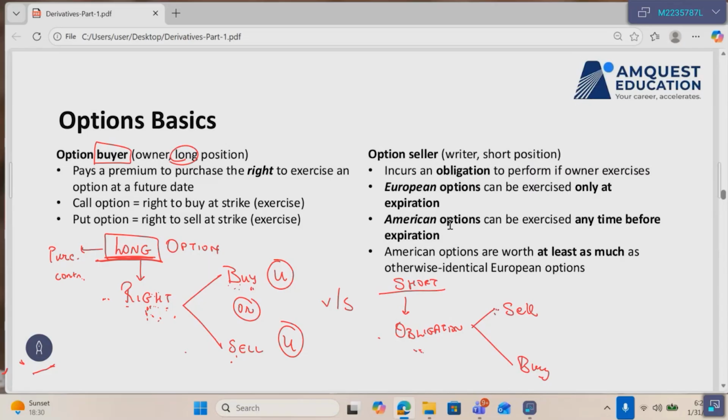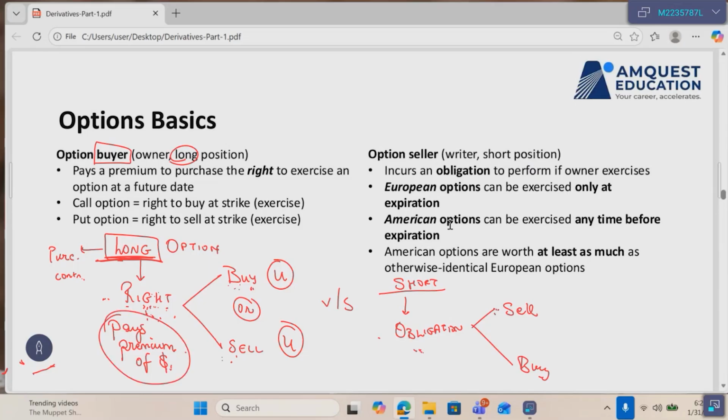Now you wonder, wow, so much power is with this guy. That's amazing, right? Don't worry, this comes at a cost. The one who went long and has a right pays a cost for the right, and that is called a premium. He is paying a premium of whatever amount towards having the right.